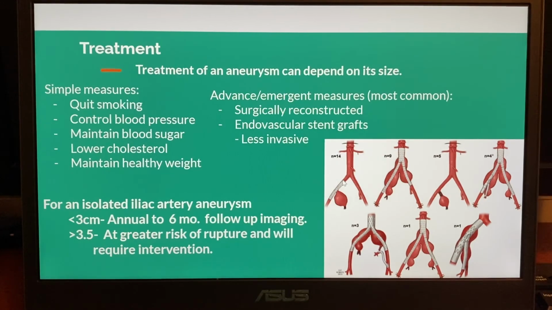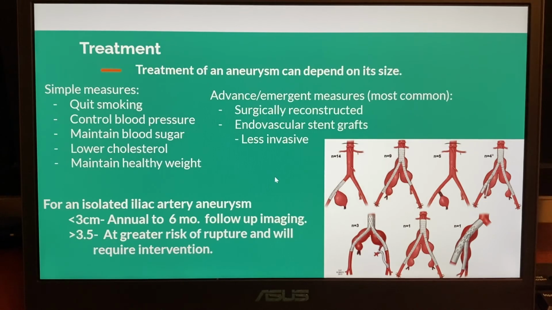They inflate a balloon that will leave this stent in that space. So they'll deflate the balloon, the stent will stay, and then they'll retract their guide wire, and that will stay and help keep the shape, so that the aneurysm does not extend or have a greater risk of rupturing.